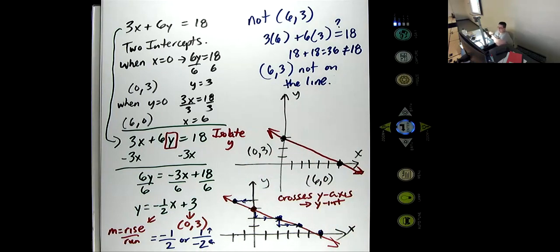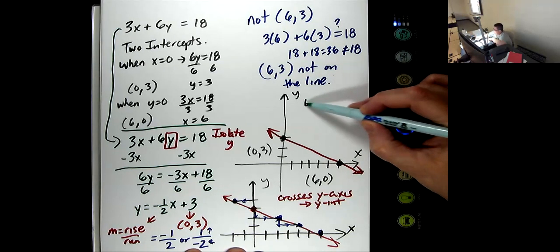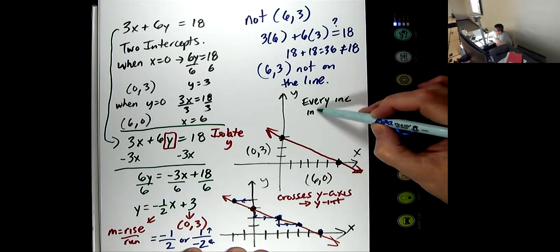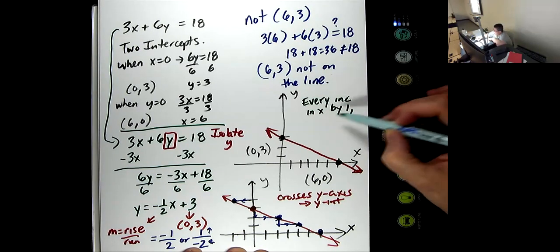Assume that I went through the blue dots the whole way. So this is why they say every increase in x by 1, y increases by m.